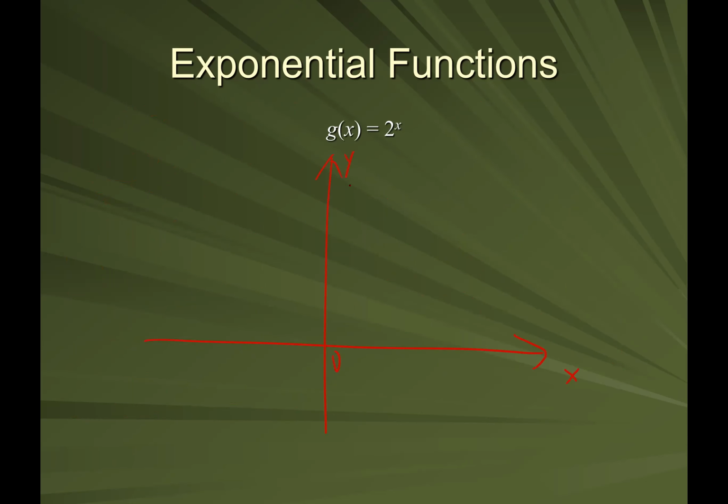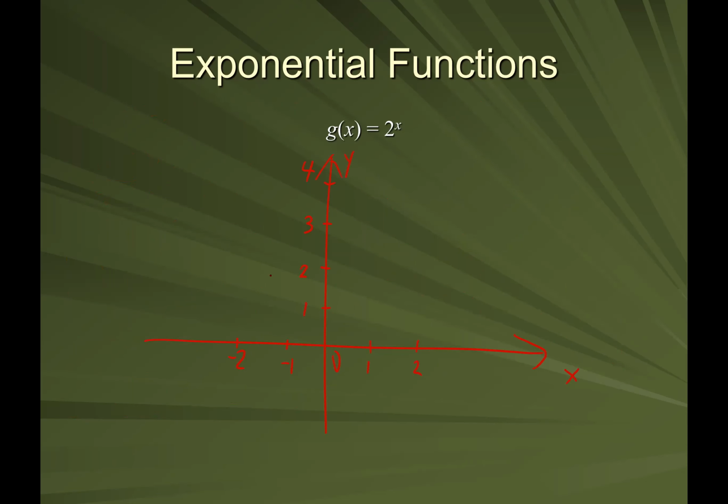The x values are from -2, -1, 0, 1, 2. The highest y value is 4, so it's 1, 2, 3, 4. That's good enough. And the minimum is a quarter.